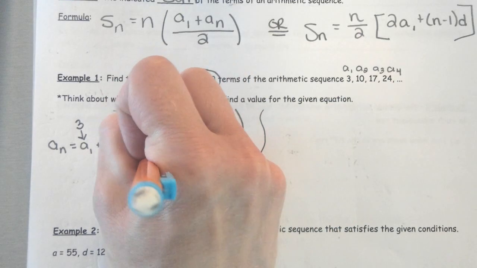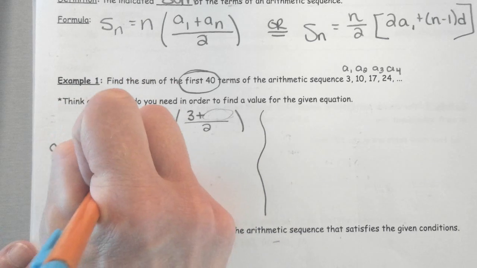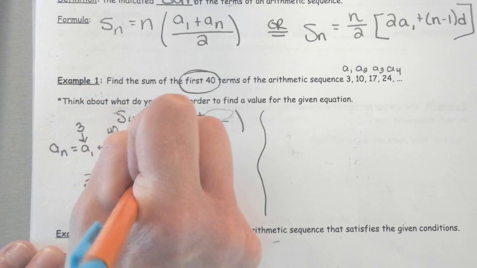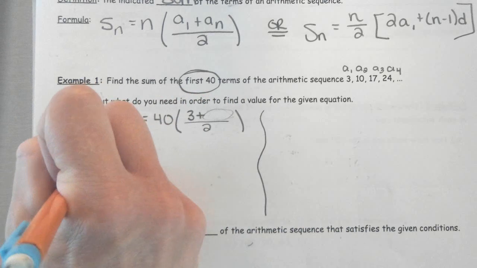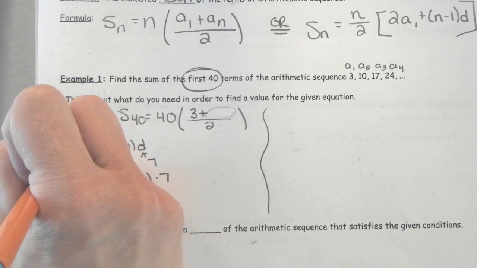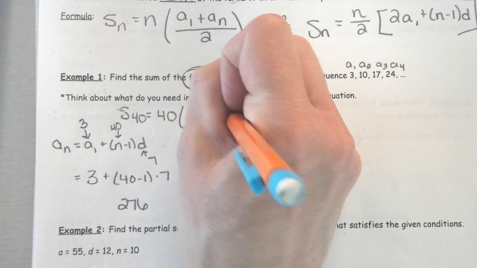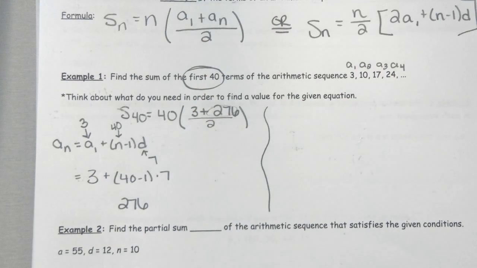So this is 7. Do I have enough information to find that term? Yeah. So let's plug in: 3 plus 40 minus 1 times 7. That's going to give you your value for a sub 40. So I've got 39 times 7 plus 3, which gives me 276. So this value is 276.